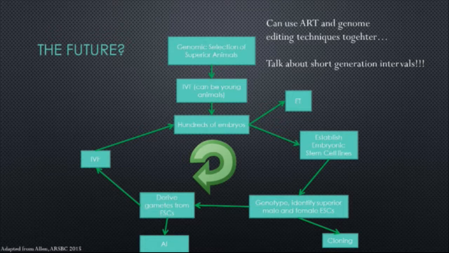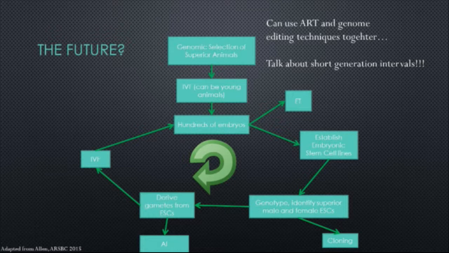They could also be used to produce gametes that could be used in AI or IVF, and then sort of continue on around this circle. So we might be able to go around this circle a couple of different times pretty rapidly within a few months and go through a couple of generations really, really quickly with this type of technology. So using our reproductive technologies as the base, and then adding the genome editing technologies to it.